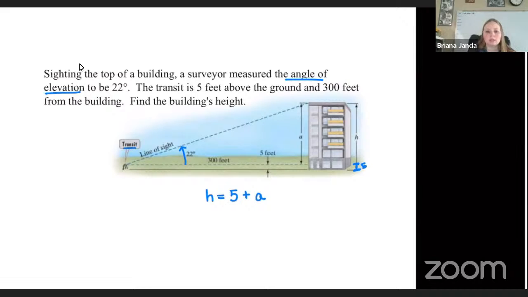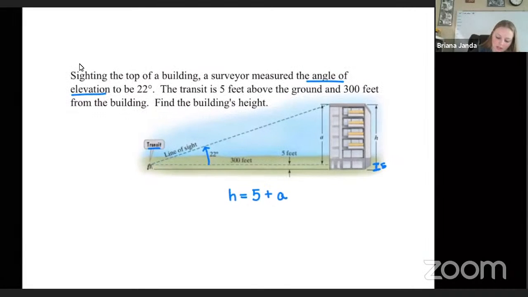So looking at this again, let's look at the triangle they have drawn in here. From the 22 degrees, which is the angle they give us, we have to identify our opposite, adjacent, and hypotenuse. A is going to be opposite. 300 feet is adjacent to that 22 degrees. So again, I think through my SOHCAHTOA, and you might be thinking, man, we've used tangent a lot today. And we have.